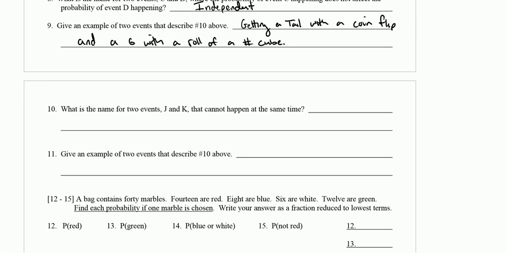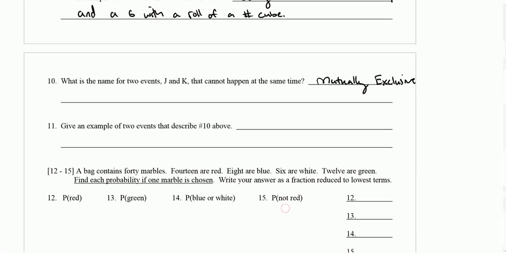What is the name for two events J and K that cannot happen at the same time? Mutually exclusive. Give an example of two events that describe number 10 above, so mutually exclusive.